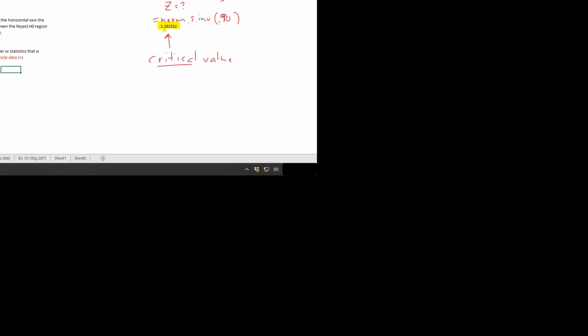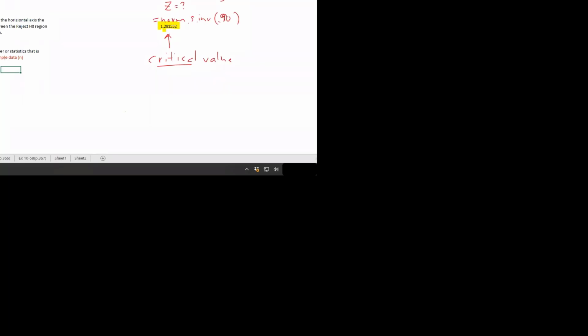So let's substitute the given information into the formula. X bar was 94. The mu, the hypothesized mean, is 90. S, the sample standard deviation, is 22 over the square root of 100.